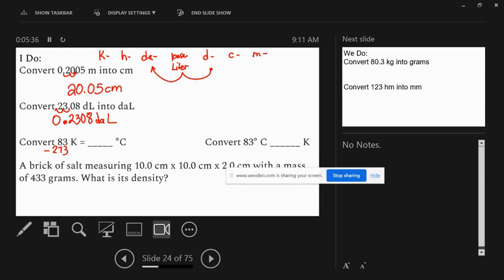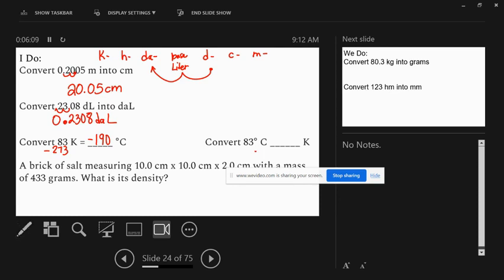Oh, I didn't do this. So I got negative 190. Is that what you got? Yes. Okay. Now Celsius can be negative. Kelvin can't. So here, you do not want to end up with a negative number. So here, what are we going to do to get to Kelvin?